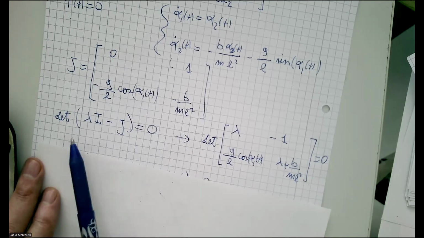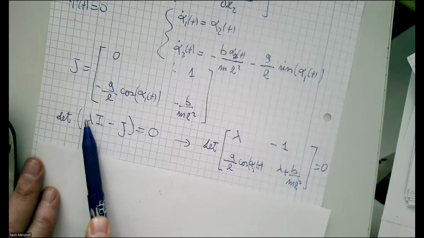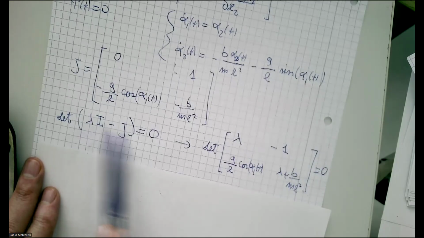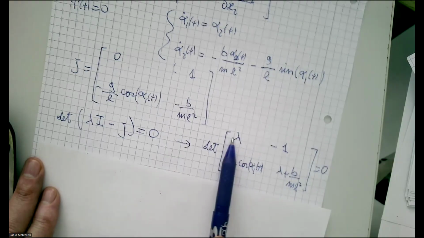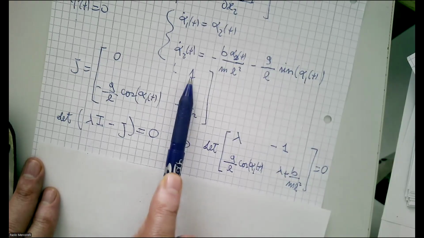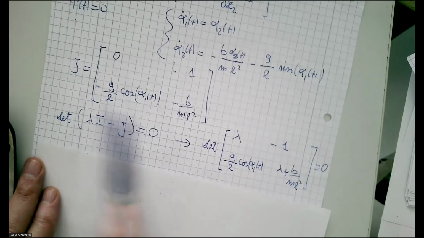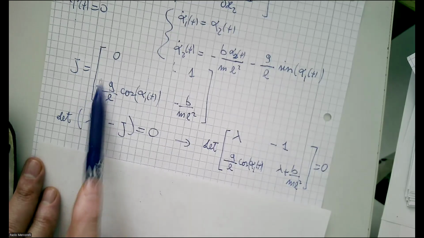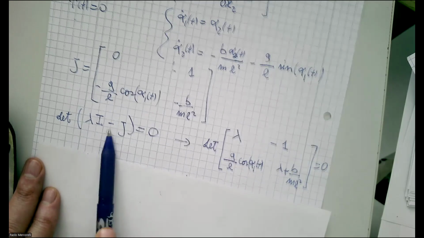This means this is the matrix lambda 0, 0 lambda, minus this expression here. We have lambda minus 1. We have this element here, but plus. Why that? Because we have a minus j.